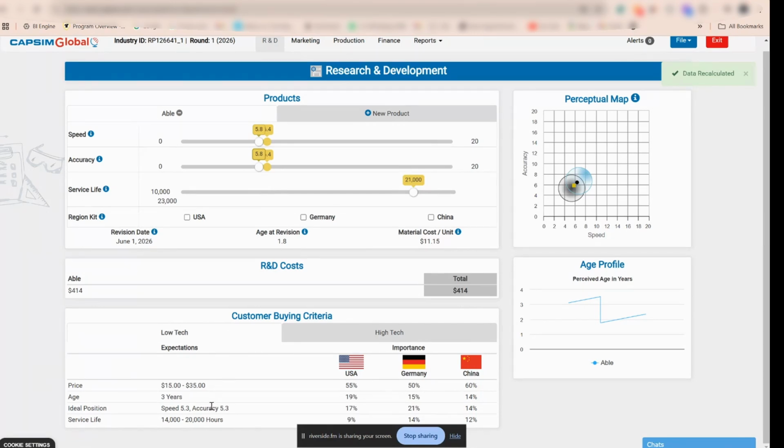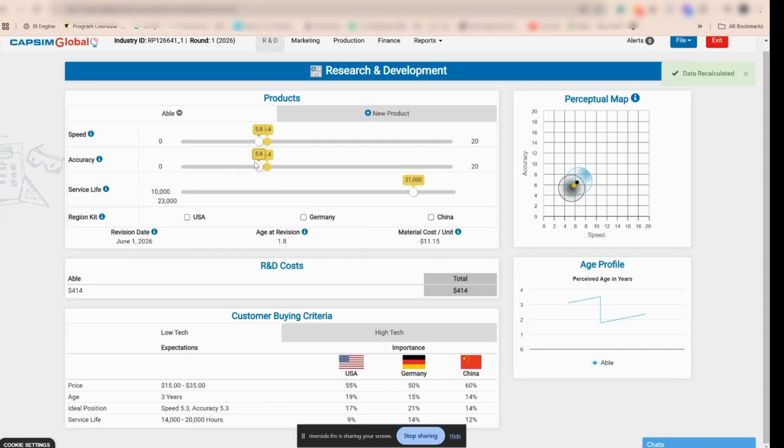So price and age give you almost over 70% of the desires of the customer. And that's where I'm really targeting, because that's where the bulk of the volume is. So I'm positioning this product at 5.8 because I think it's closer to 5.3 and it positions me better for round two and also for round three.